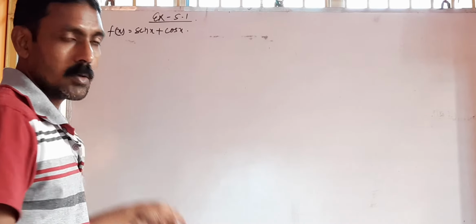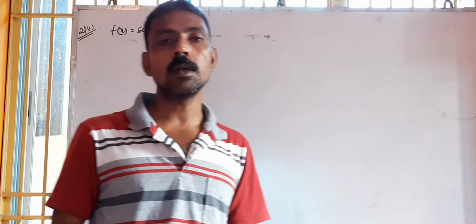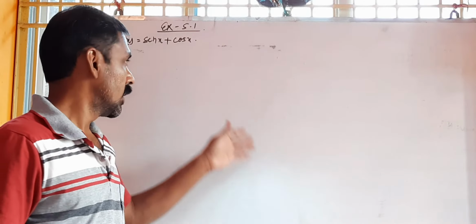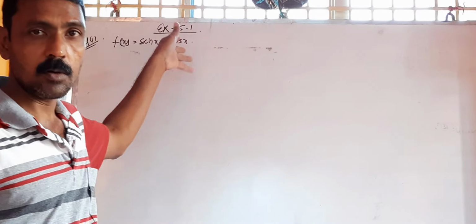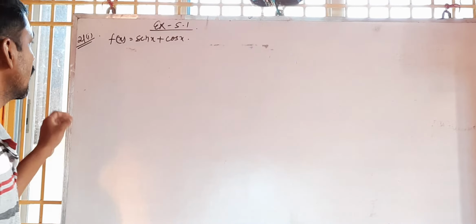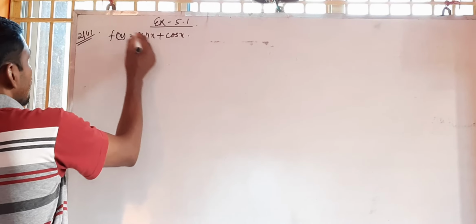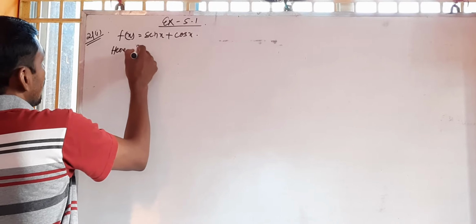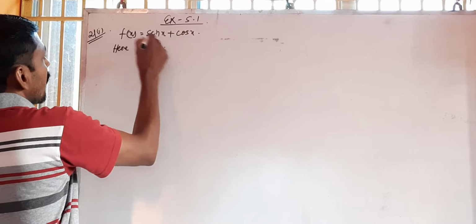Okay. As we have discussed about continuity in an interval, it may be open, it may be closed. And again we have discussed that standard functions like trigonometric functions are continuous in their respective domain. So here first we find the domain. Solution: now here the domain of x is clearly real.